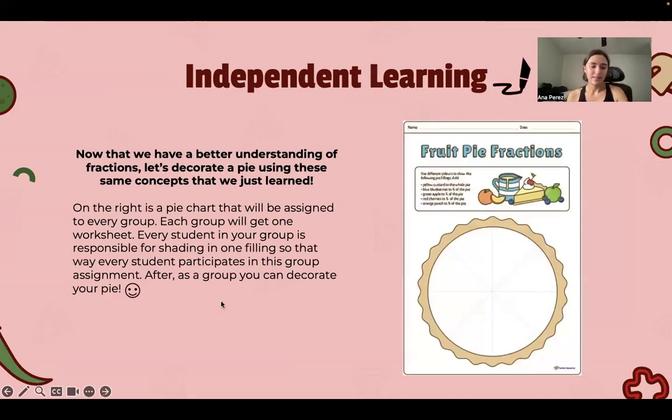All right, guys, great job at doing your pie party worksheets. You did an amazing job. You were able to get the hang of it. I saw a lot of you figuring out the fractions super quickly.